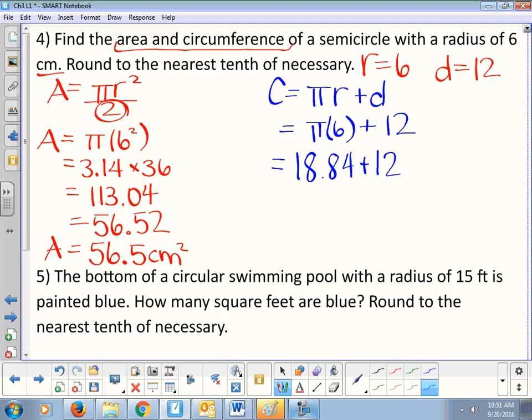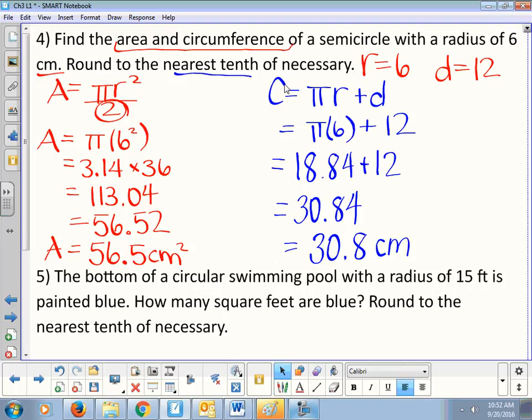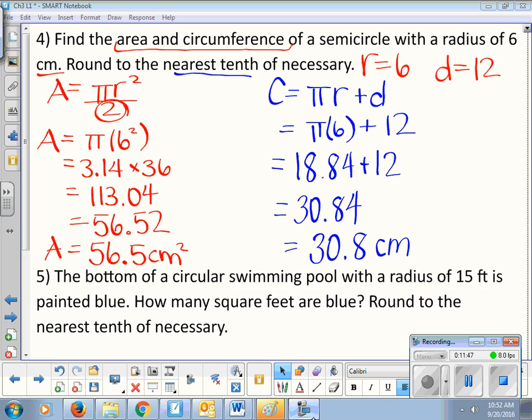And what do you get when you combine those two? 30.84. So is that the answer? We wanted to round to the nearest tenth, so what would this round to? 30.8, and our unit is centimeters. Oh, it's not squared, since it's not area.